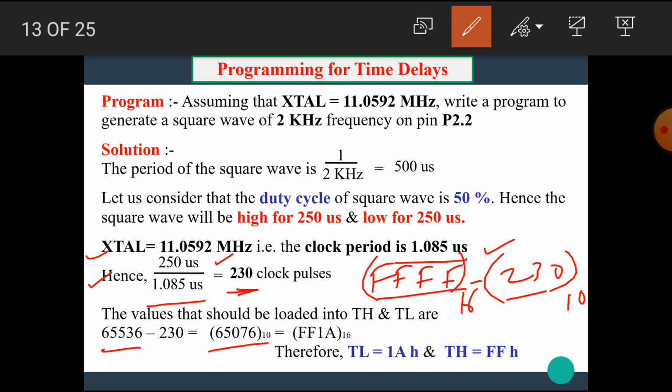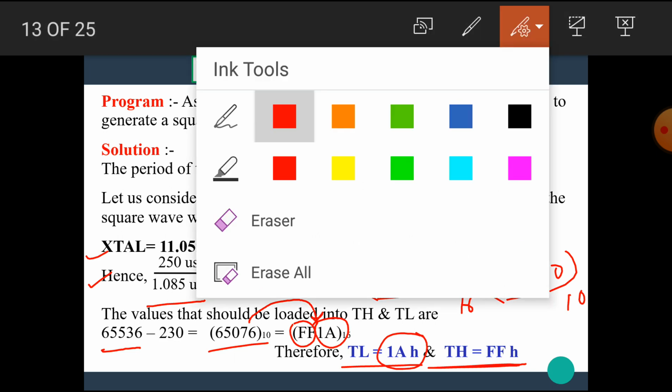If we convert this into hexadecimal, we get FF1A. Here FF is the higher value, hence TH is equal to FFH. 1A is the lower value, hence TL is equal to 1AH. I hope you all understand these calculations.